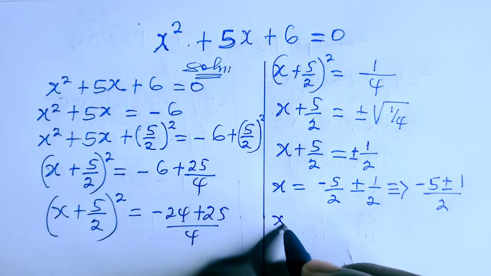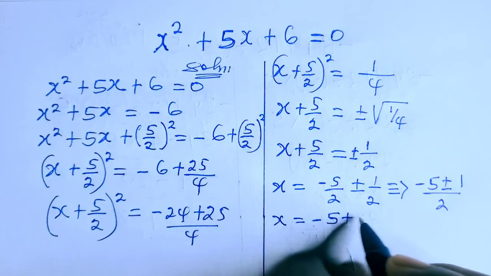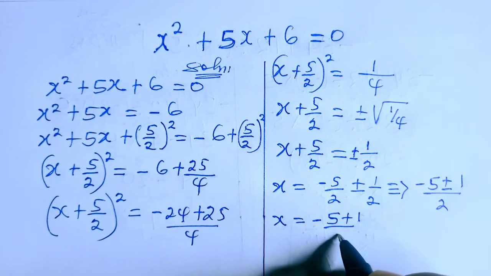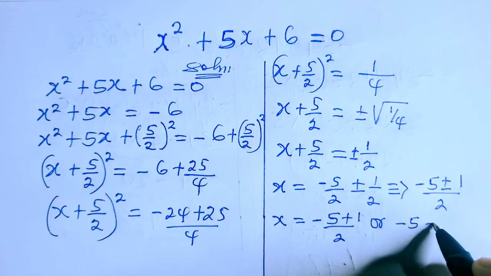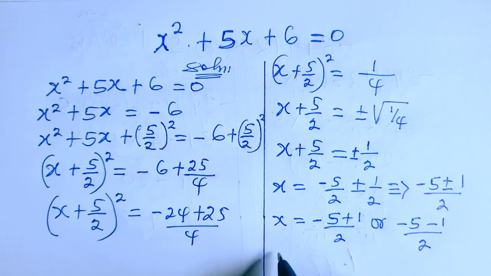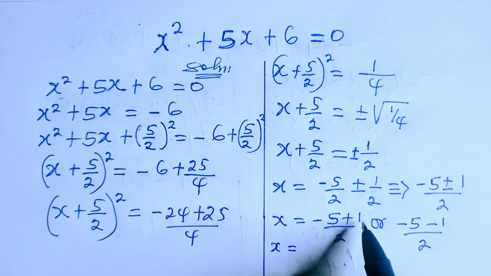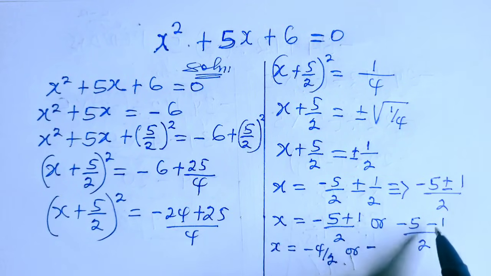At this point, it is either x equals minus 5 plus 1 all over 2, or x equals minus 5 minus 1 all over 2. Then here we have that x equals minus 5 plus 1, that will give us minus 4 all over 2, or x equals minus 5 minus 1, that will give us minus 6 all over 2.